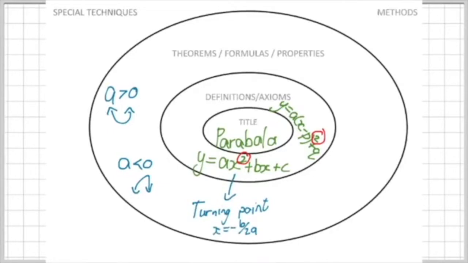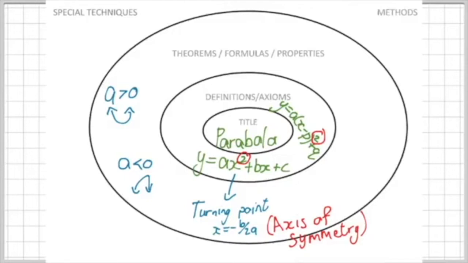Now, incidentally, that's also the axis of symmetry. So that is also just something you might need to remember because we can ask it in the exam. So the axis of symmetry is always the x value of your turning point. Now to get the y value, we simply substitute that x value back.